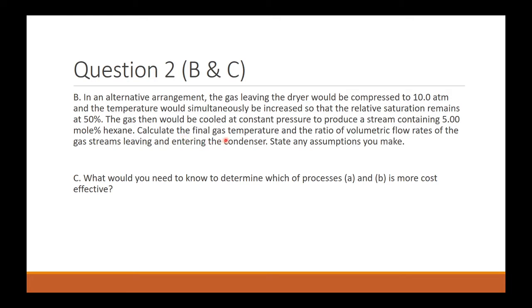Calculate the final gas temperature, which is the temperature of the gas leaving the condenser, and the ratio of volumetric flow rates of the gas streams leaving and entering the condenser. State any assumptions you make.